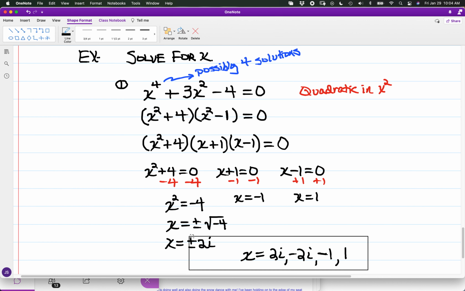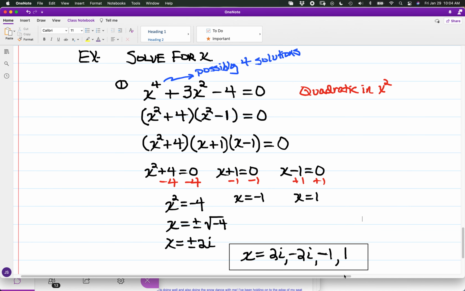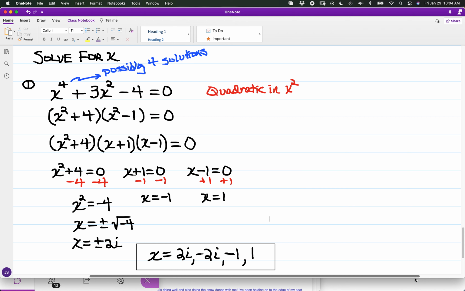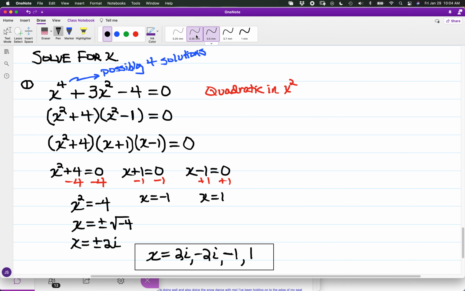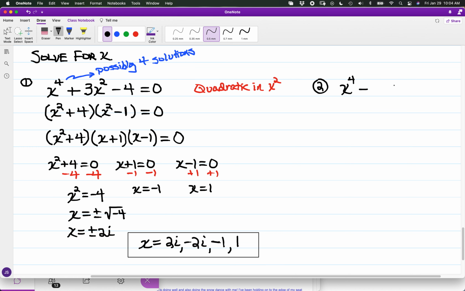And again, another equation quadratic in form can come about by taking the difference of squares. Let's say we have something like x to the fourth minus 81 is equal to 0.